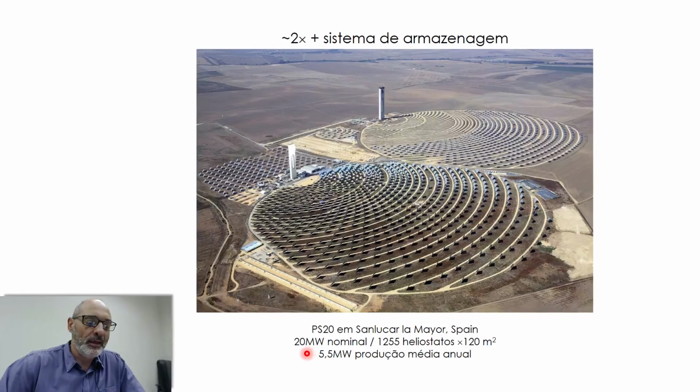Since they have the same nominal power, I started by setting the same nominal power, 20 megawatts. I ended up with almost the same area. Okay, so this is an actual power plant in Spain. Okay, and this is its configuration. So you have 1,255 heliostats of 120 square meters.